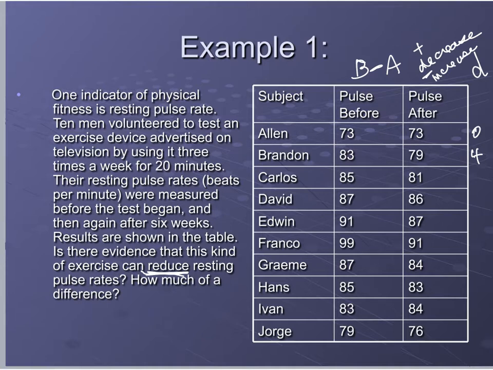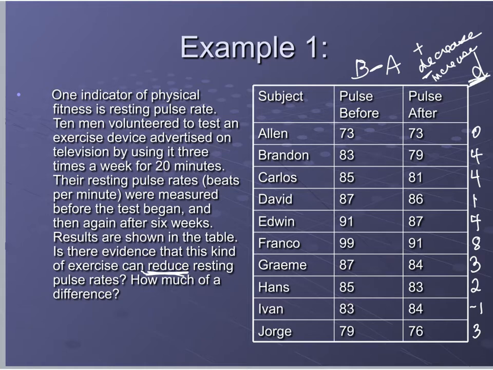So Carlos went down 4. David is 1. Edwin 4. Franco 8. Grammy 3. Hans 2. Ivan went up, so that's -1. And Jorge is 3. Okay, so these are our differences.